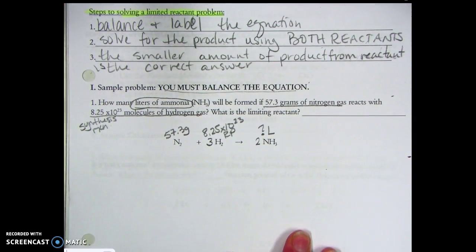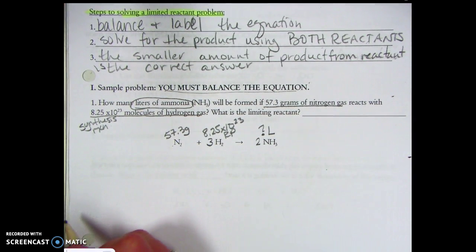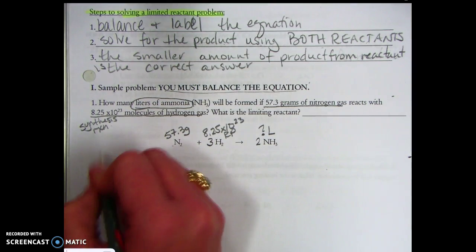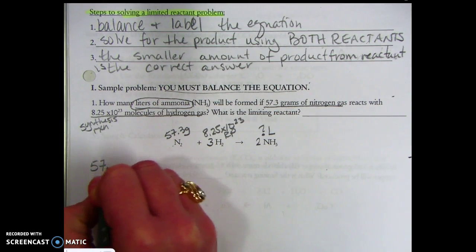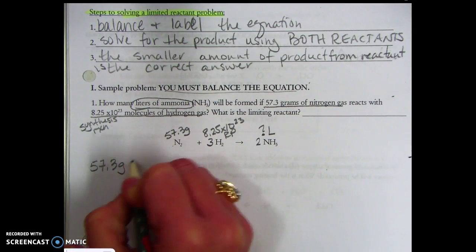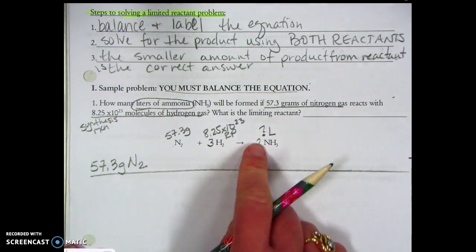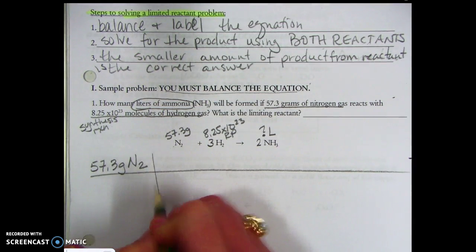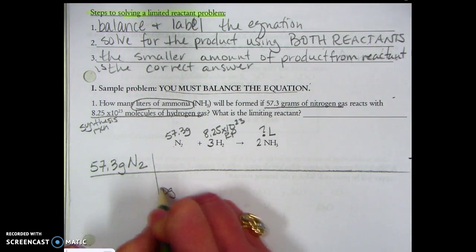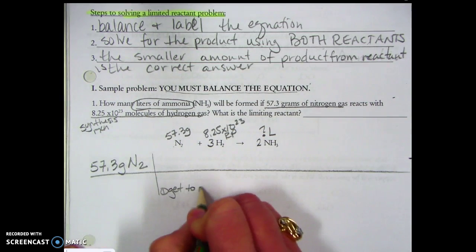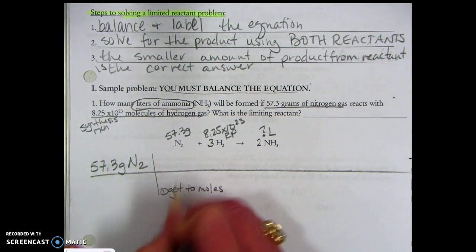So let's get started. We'll just pick nitrogen and use nitrogen as the first reactant. So we start by writing our given, 57.3 grams of nitrogen, and we're going to solve for liters. Okay, so the first step is get to moles. We use the mole map.